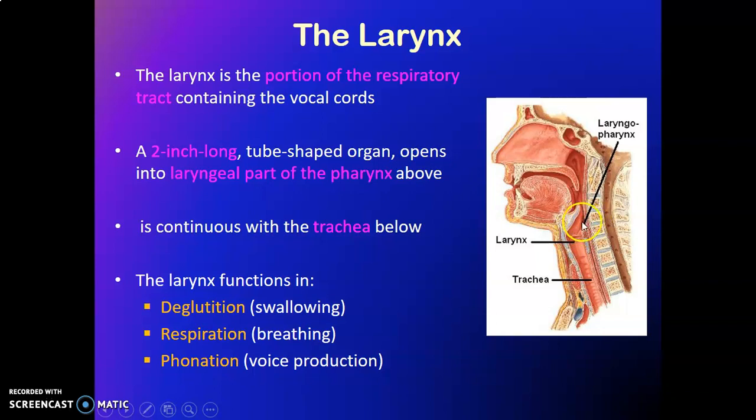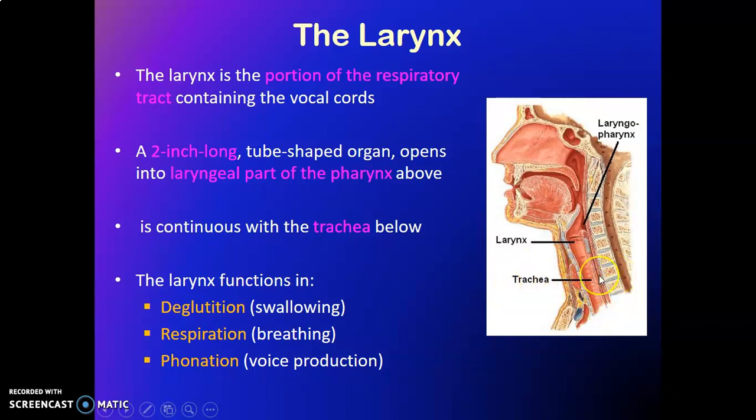So this portion is the laryngopharynx, just below the epiglottis, communicating with the larynx, and the larynx is tube-like. It houses the vocal cords and extends down to the lower border of the cricoid cartilage where it continues as the trachea.